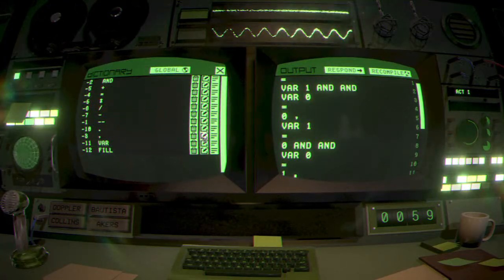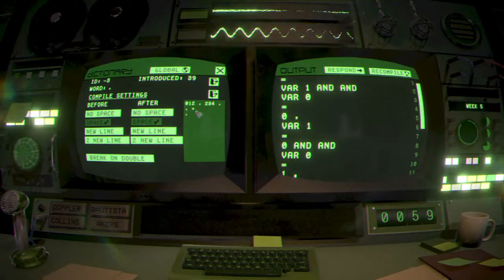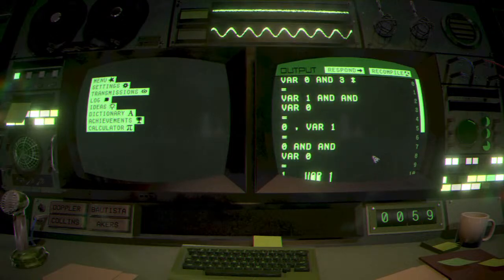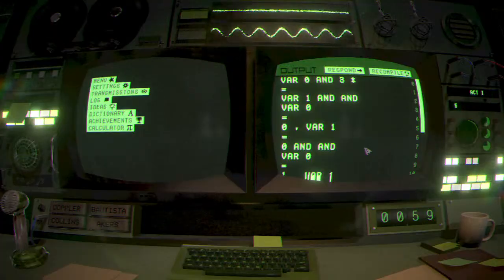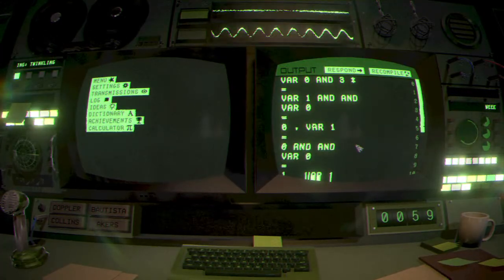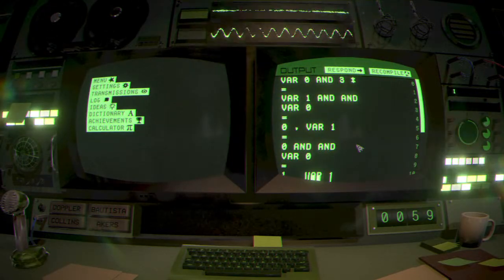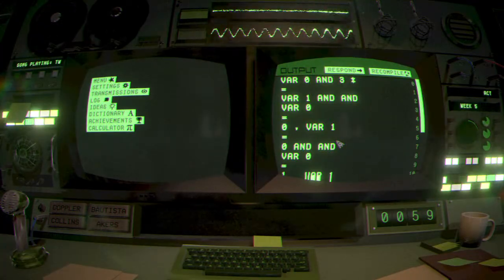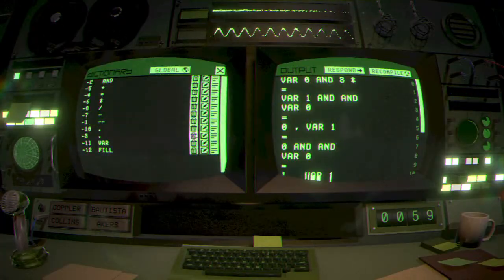So the comma, then the formatting should be space. Variable 0 equals 0. Variable 1, but I would like new line before then, I think.